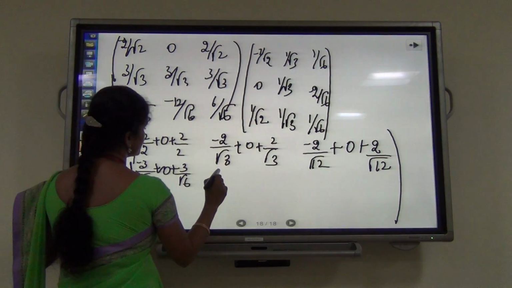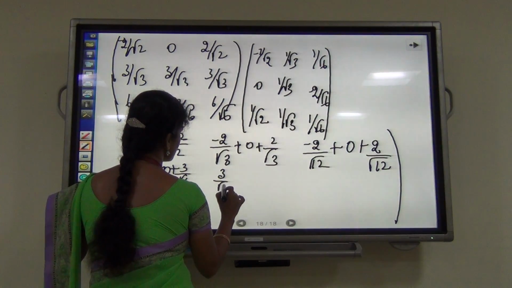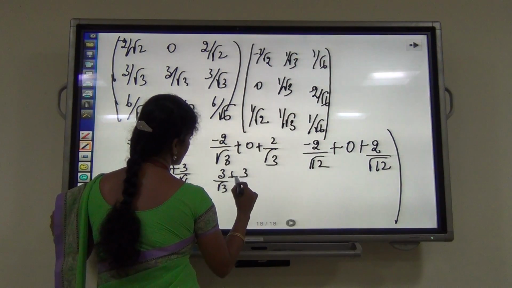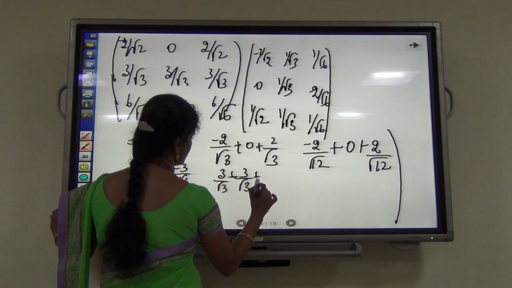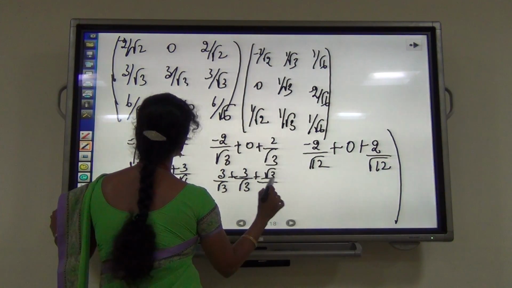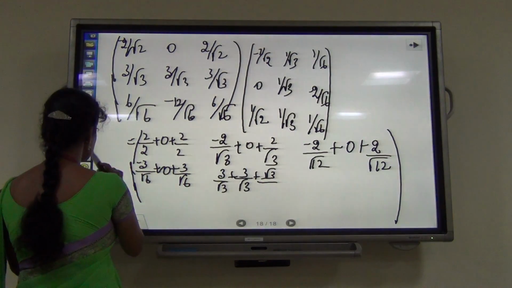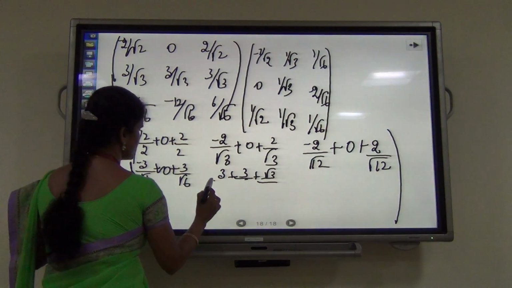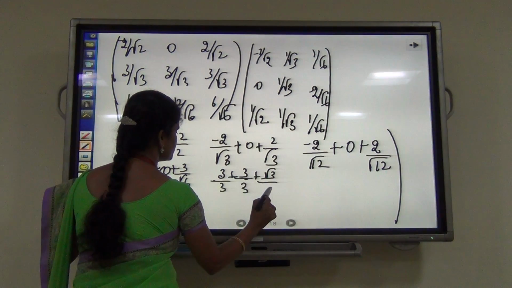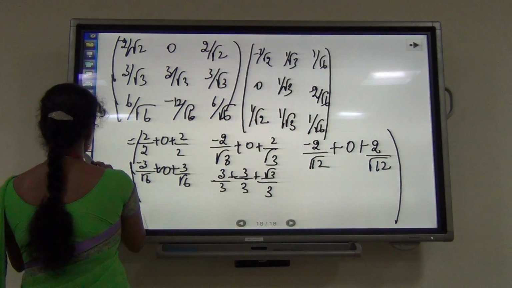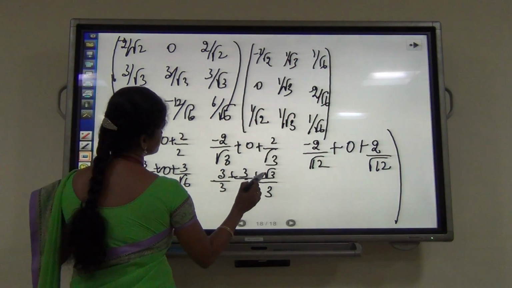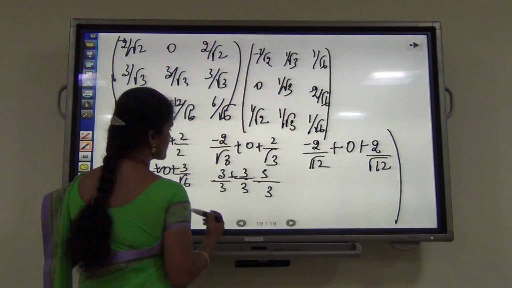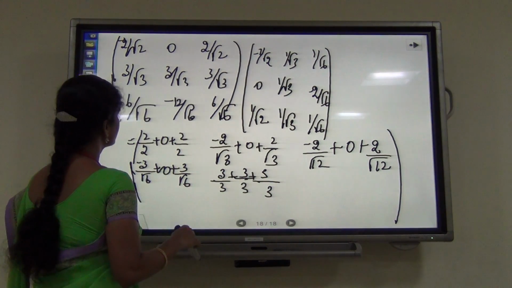And here it is 3 by root 3 plus 3 by root 3 plus 3 by root 3 into root 3, everywhere it is 3. So denominator is 3. Root 3 into root 3. This is also 2. Plus 1.